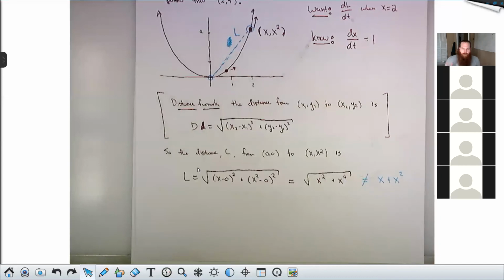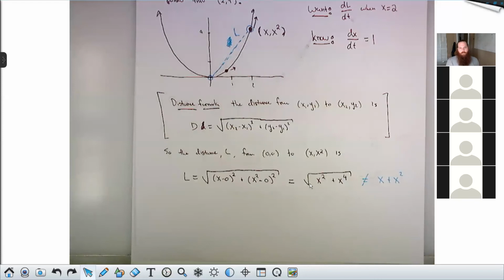Square roots never, ever, ever distribute over addition or subtraction. This is a very common algebra mistake, but it doesn't work, I promise you. The square root of 1 plus 1 is the square root of 2, which is not the same as the square root of 1 plus the square root of 1. Same reason this doesn't work.